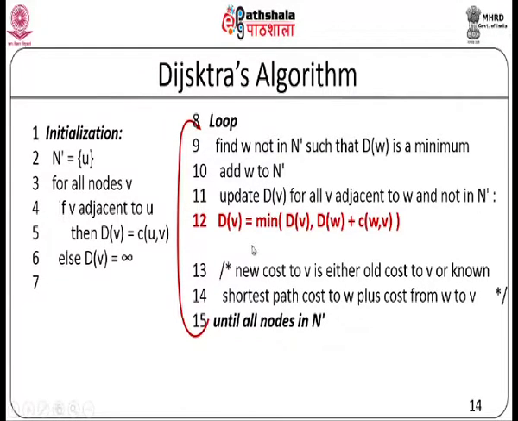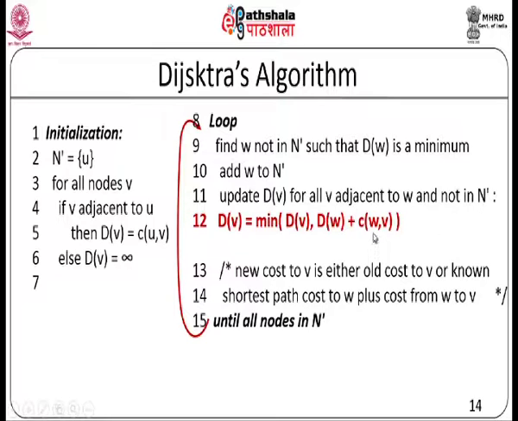How do we update it? Using this formula: D(v) = min(D(v), D(w) + C(w,v)). What does this mean? The new cost to v is either the old cost itself, which is D(v), or the known shortest path cost to w plus the cost from w to v. So I now have another new node w.